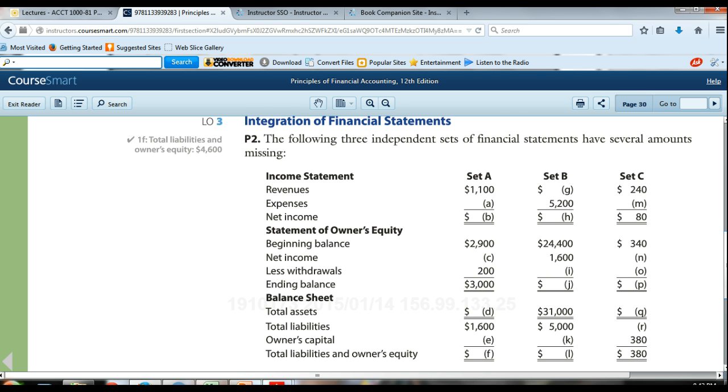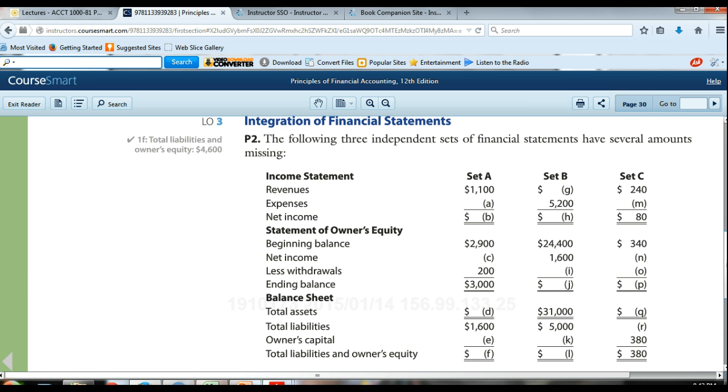Owner's capital would be 300, or 3,000, right? Okay, so owner's capital is 3,000, right? Yeah, because it's equivalent to the owner's equity. Is that correct?